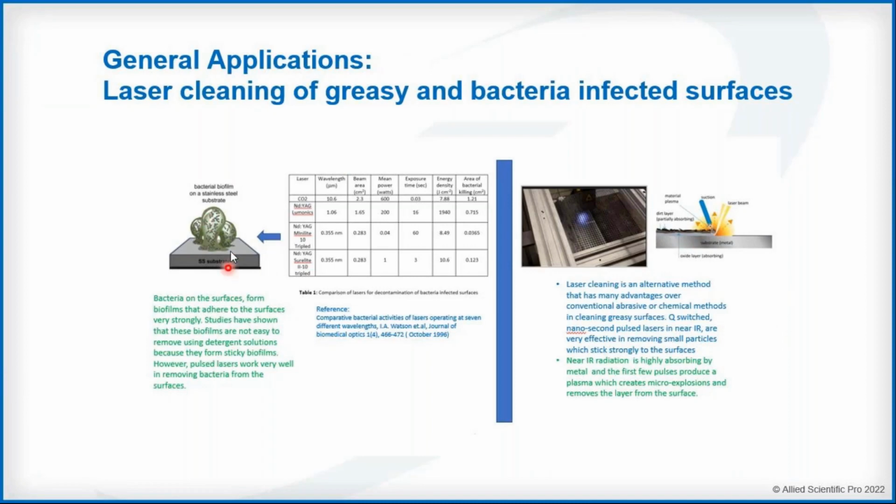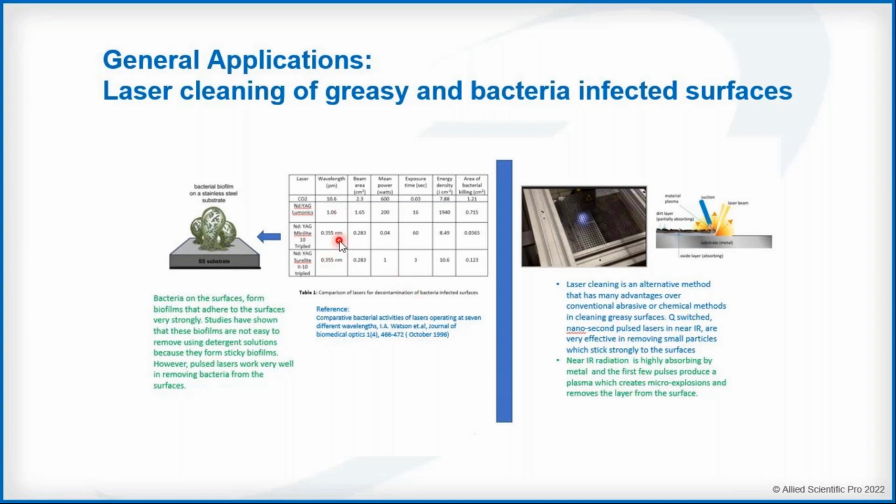And on the left side, you have the bacterial removal. This paper, which I've given as a reference, used several different types of lasers, CO2 lasers, YAG lasers, in different harmonics.